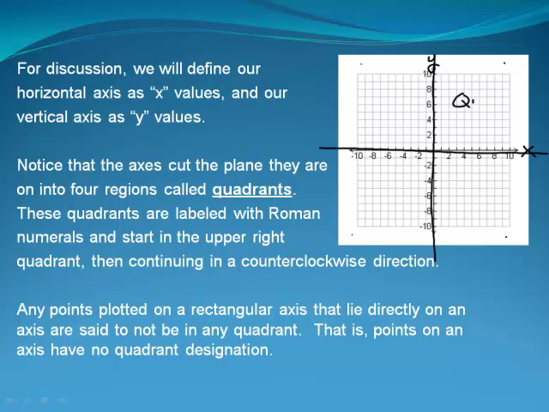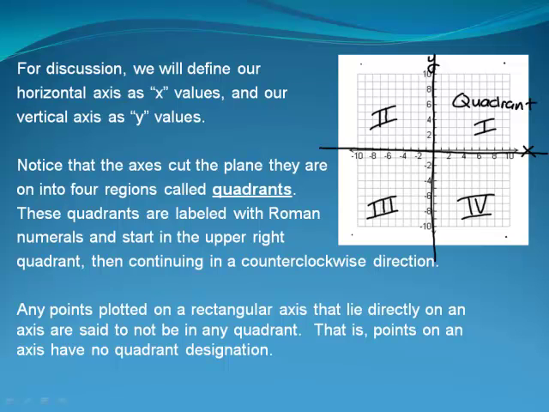So up here in the upper right-hand corner, this is referred to as quadrant 1. And then you number in a counterclockwise direction, which is opposite of what you probably instinctively feel you should. Going in a counterclockwise direction, up in the upper left, you've got quadrant 2. Lower left, quadrant 3. Lower right, quadrant 4.